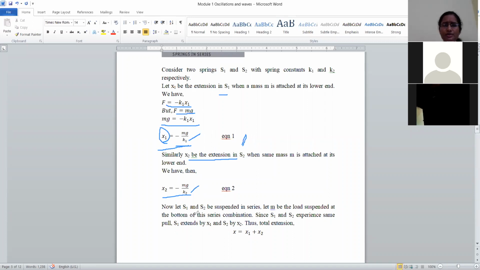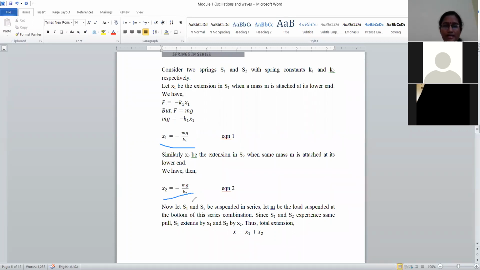Now, as these two are suspended in series, this is when the mass is suspended with only spring S1. This is when the same mass is suspended using spring S2.